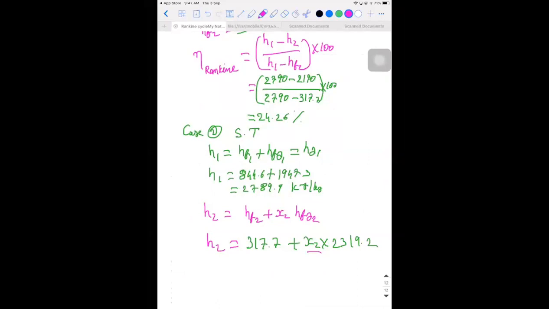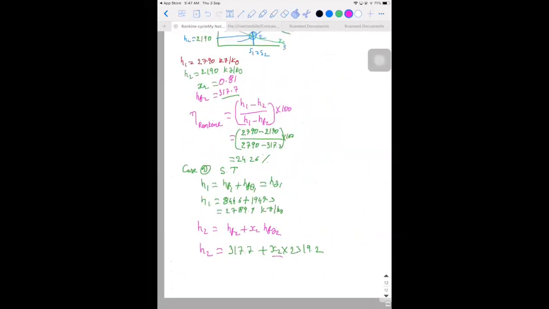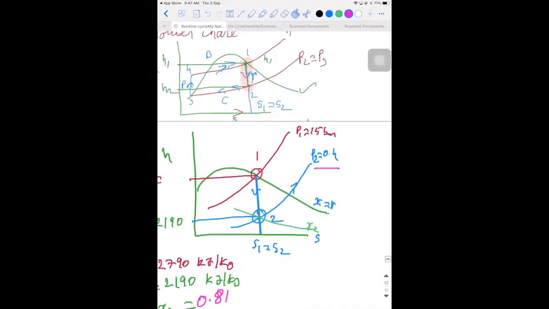In the Mollier chart, because the process 1 to 2 is isentropic, I have drawn this isentropic line perpendicular, and the intersection is made as state 2, and thereby I'm able to get X2.